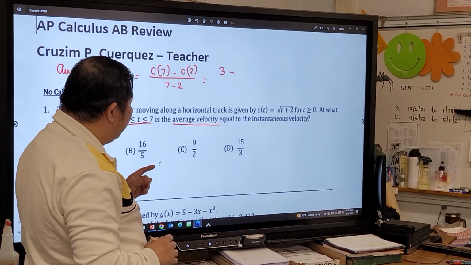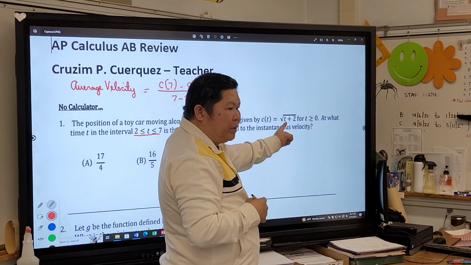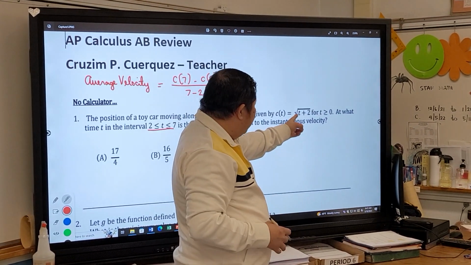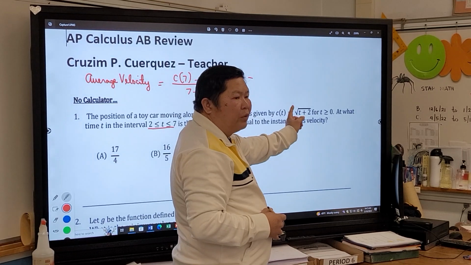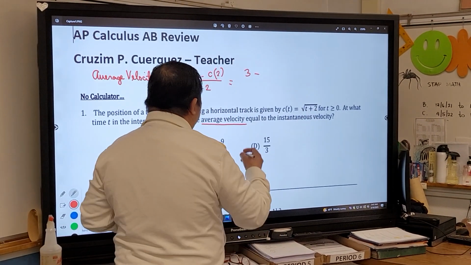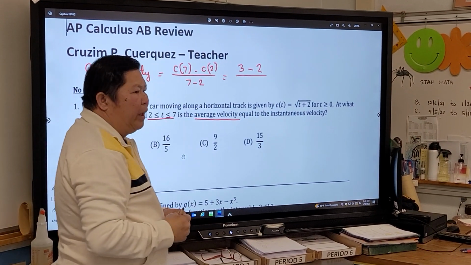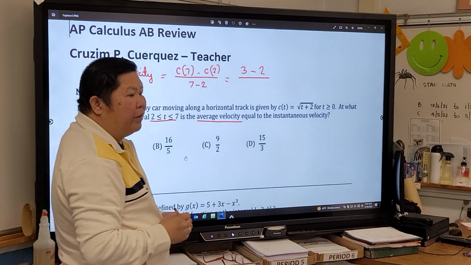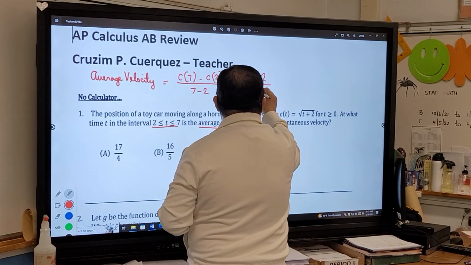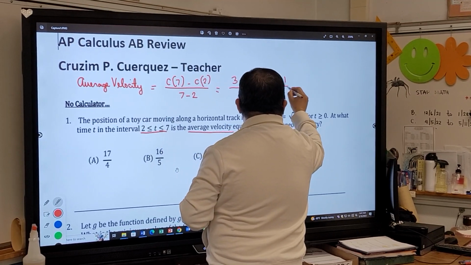Okay, minus, if t is 2, the time is 2, either seconds or minutes, so 2 plus 2, square root of 4, right? What is the square root of 4? 2. And then the denominator is 7 minus 2, which is 5, right? Okay, 5. So therefore, the average velocity is 1/5.